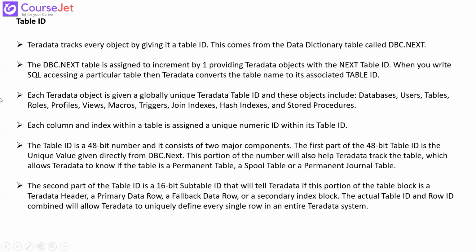Each column and index within a table is again given a numeric ID within its table ID. A table ID is a 48-bit number and consists of two major components. The first is the value from dbc.next.